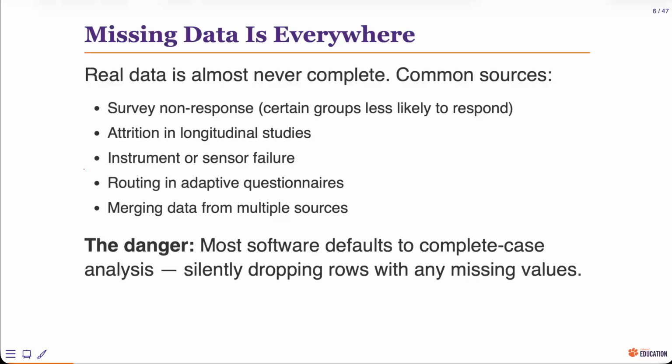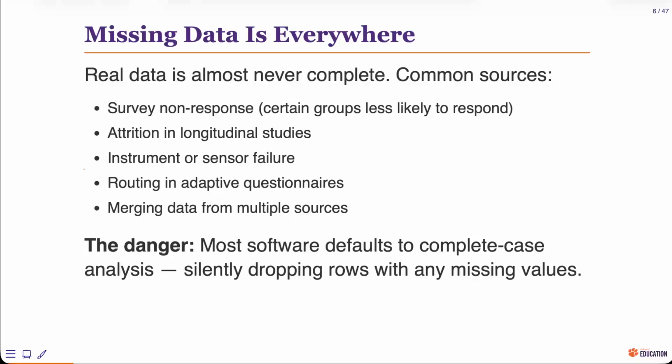You could have instrument or sensor failure. If you have an app that's supposed to collect data and all of a sudden you have a glitch with the network signal, the app may not send a reminder to the person, or you may not receive the data. You have routing and adaptive questionnaires. Maybe you get the wrong questions answered by the wrong people. Or you could have a difficulty in merging data from multiple sources.